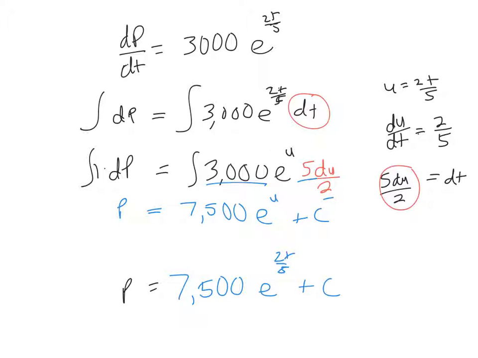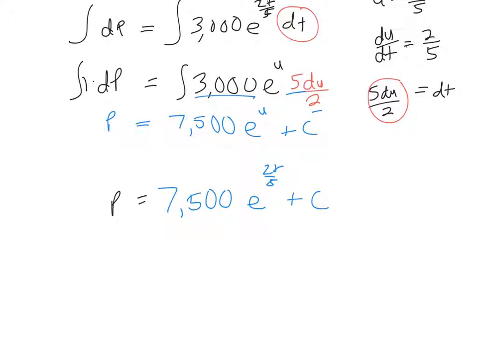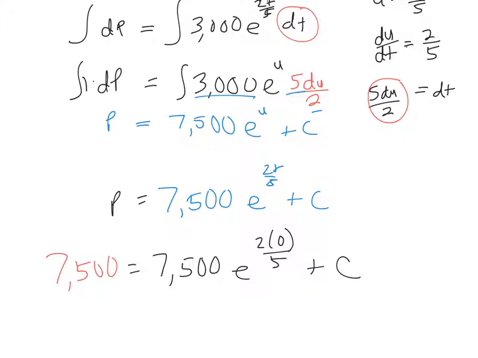They told us that 7,500 bacteria were present at time 0. So that would be 2 times 0 over 5 plus C. Let's solve for C, knowing that the answer is 7,500 when time is 0.